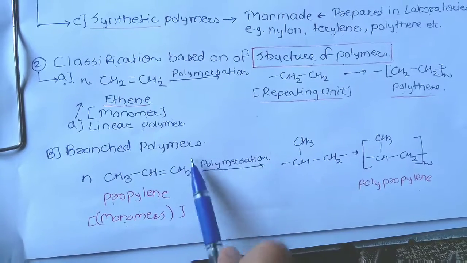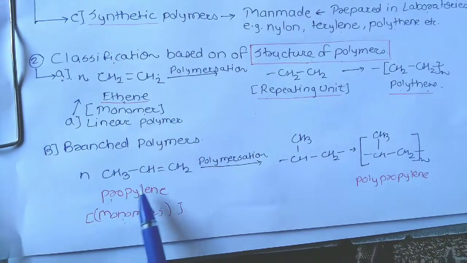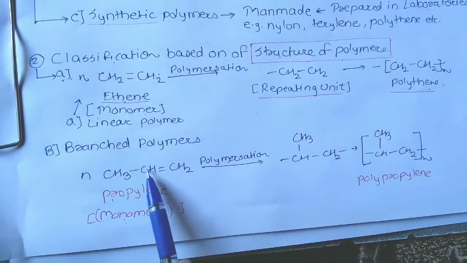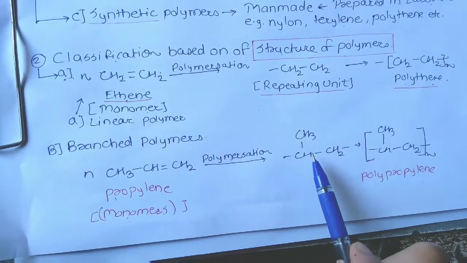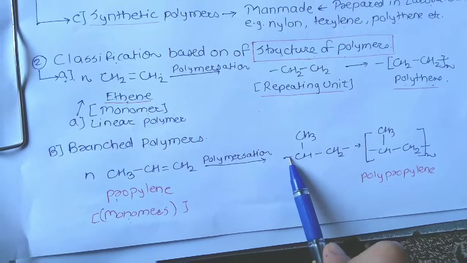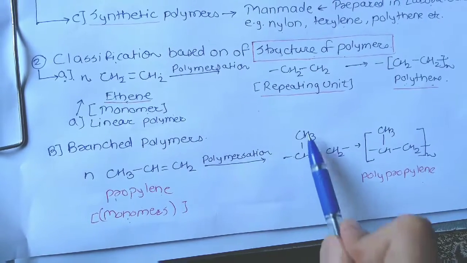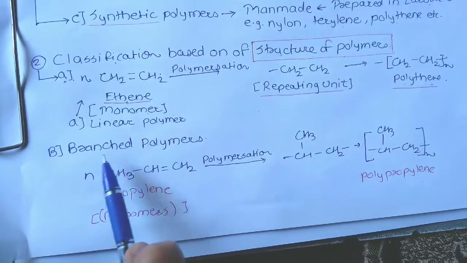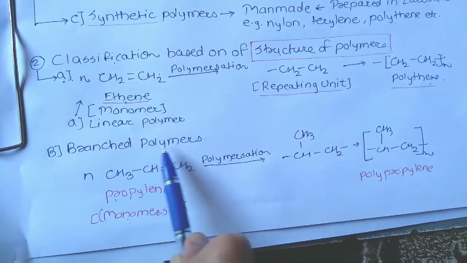When the polymerization process takes place, in propylene, the bond between two carbons is broken. Hence, a new attachment is there. So it is a branching type of polymer, known as branched polymer.